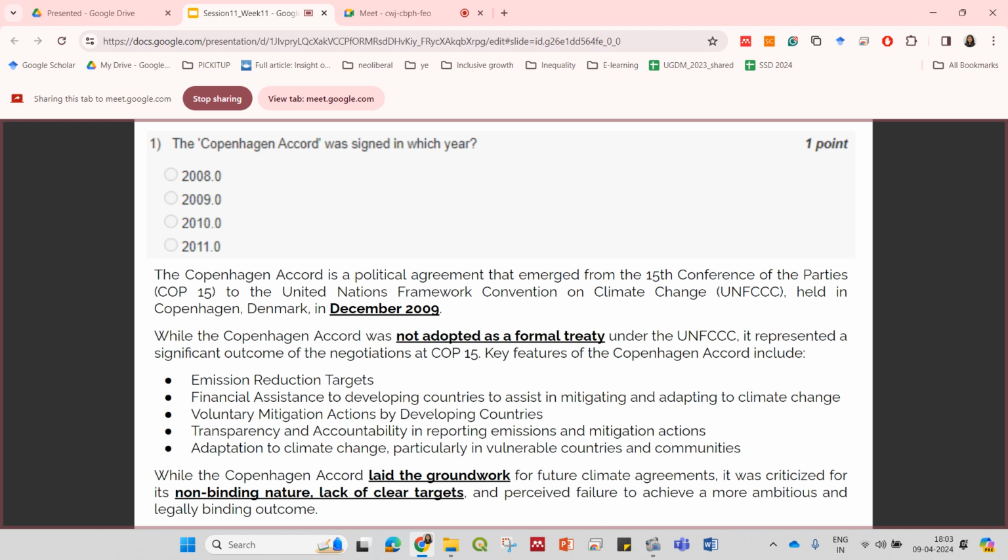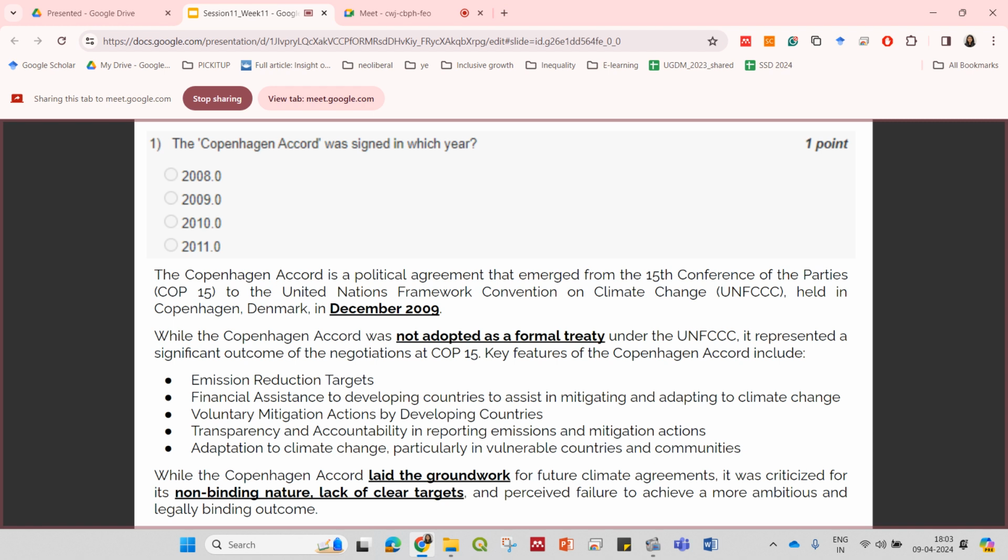It was held in Copenhagen, Denmark, in December 2009, and that is why the political agreement that emerged from this convention is known as the Copenhagen Accord.